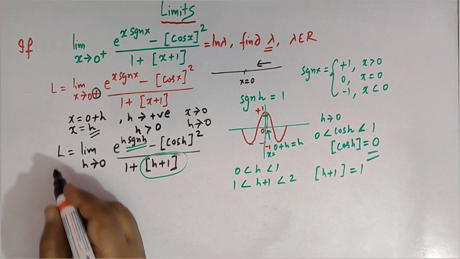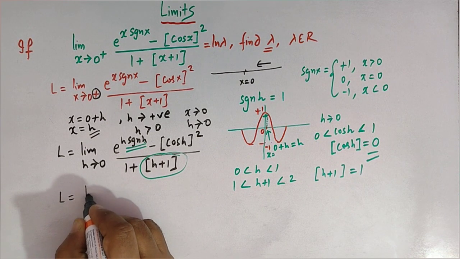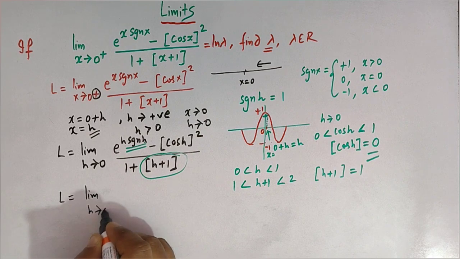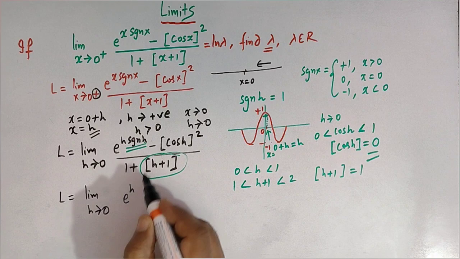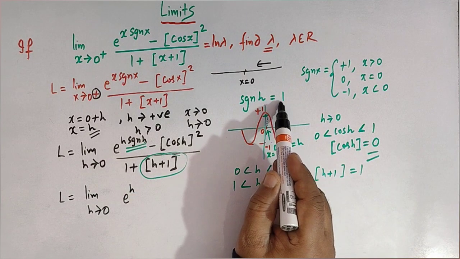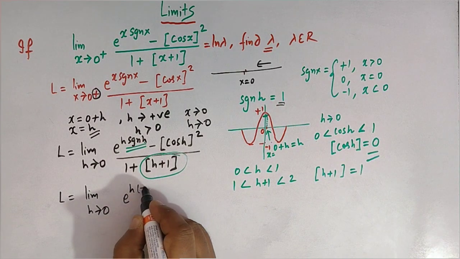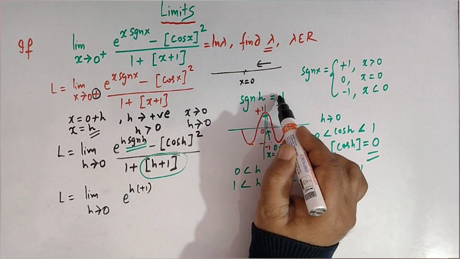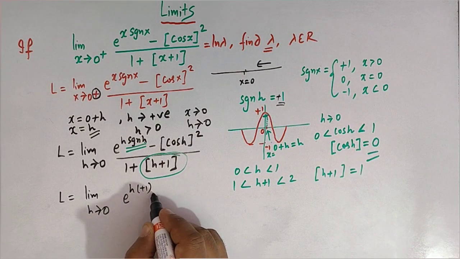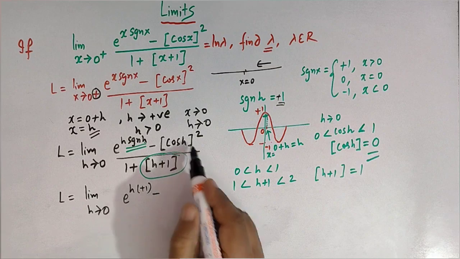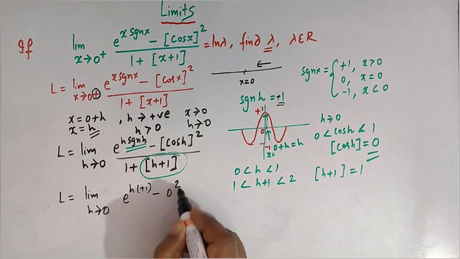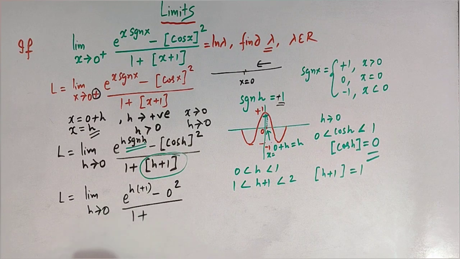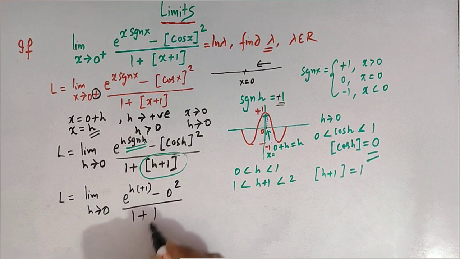So now this limit can be written as limit h tends to 0. We have e raised to h, and here signum of h is equal to 1. So here we have plus 1 because signum of h is plus 1, and minus, here we have greatest integer of cosine h is 0. So we have 0 square, and here we have 1 plus 1, right?